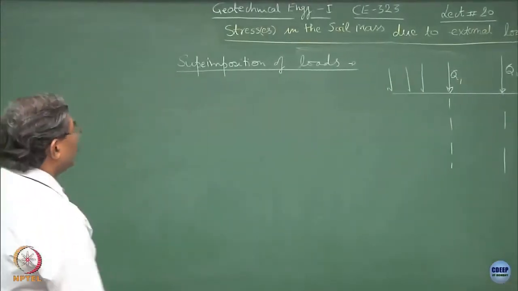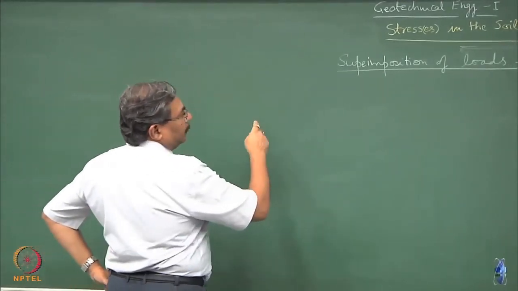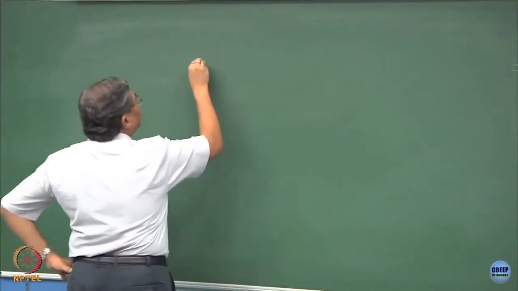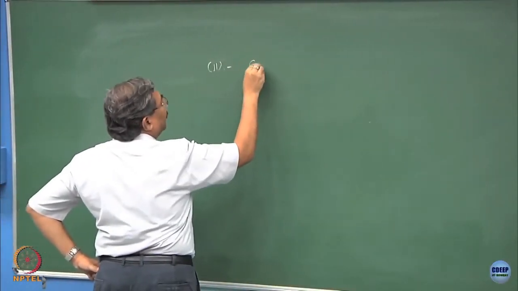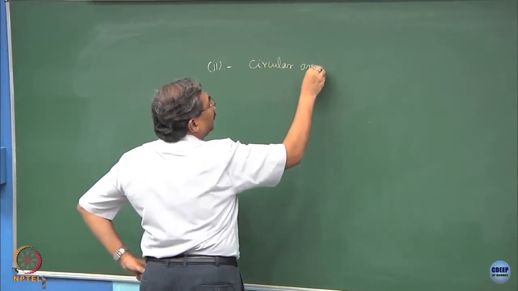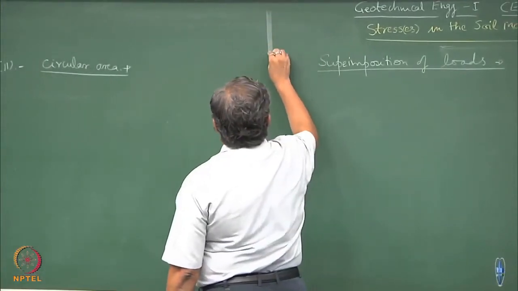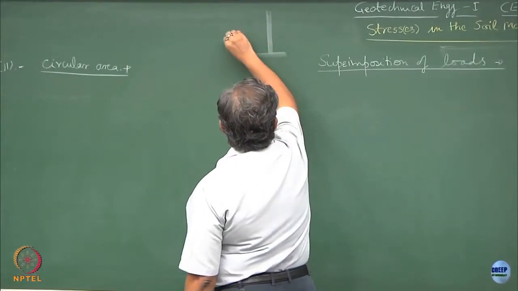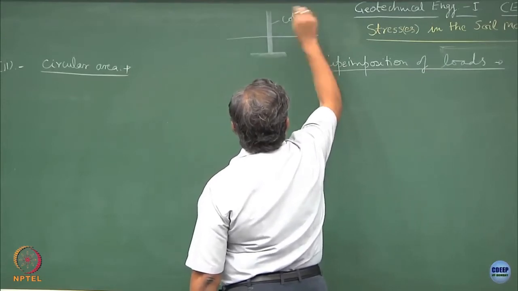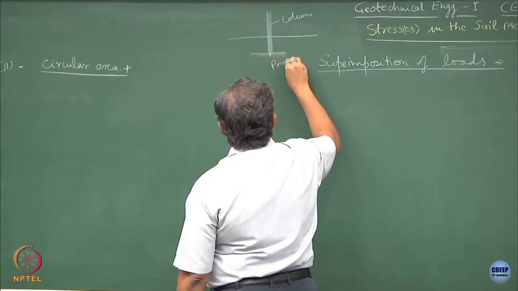So, suppose I ask you to find out the second situation: from point load we will move on to the uniformly distributed circular area. Until now we have talked about a foundation system, where this is the column, so this is the point load.